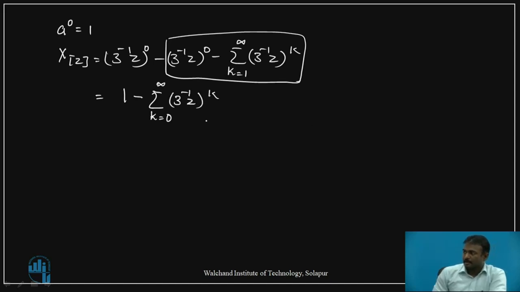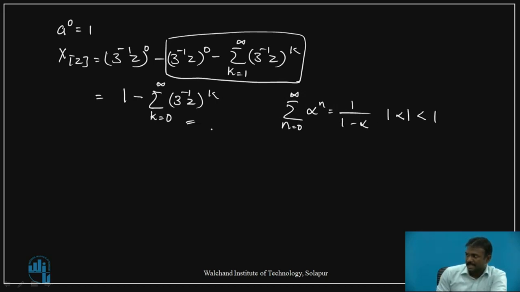Now this summation is identical with the infinite summation identity, that is summation n equal to 0 to infinity alpha to the power n is equal to 1 divided by 1 minus alpha, and this is valid if mod alpha is less than 1. So we are going to use this identity in our example.